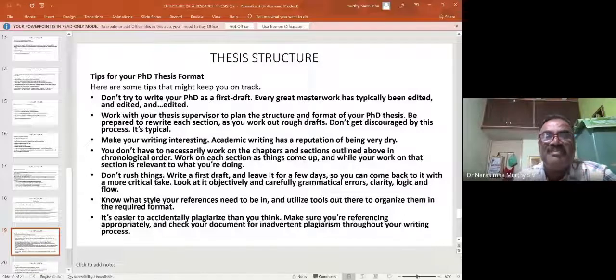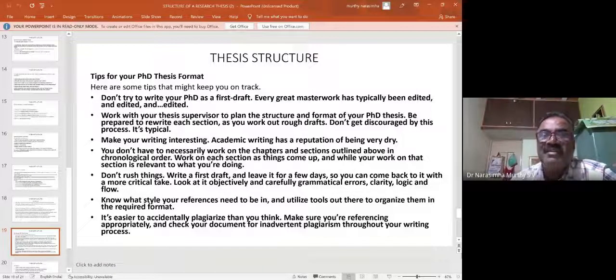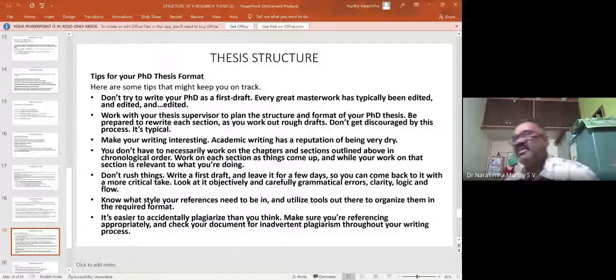And remember, when you format your thesis, after this I would like to give you some tips before I conclude. Don't try to write your PhD as a first draft. Never do that. Any research article or work is typically edited, and edited, and edited.